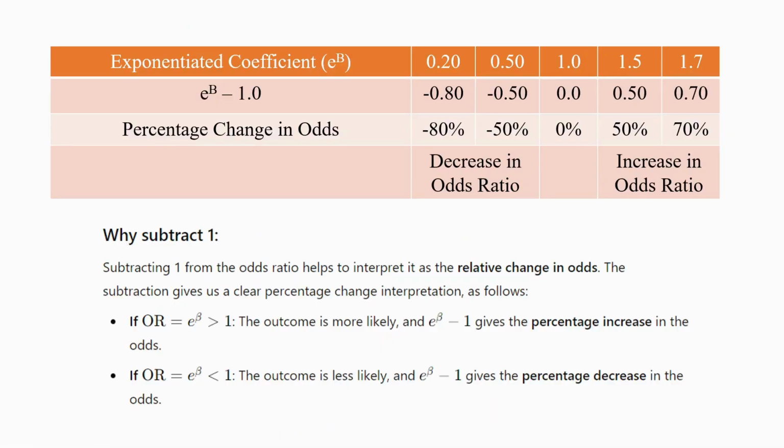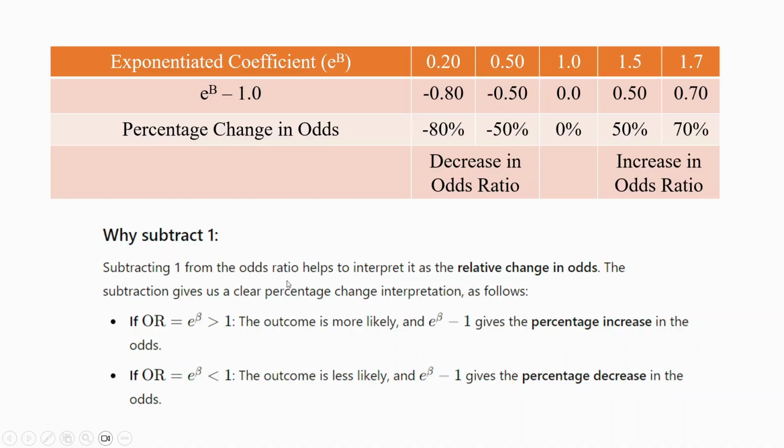Now, how will we do the interpretation based on the coefficient? See, there are 5 scenarios: 0.20, 0.50, 1, 1.5 and 1.7. We will subtract 1 from this, so e raised to beta minus 1. Why are we subtracting 1?